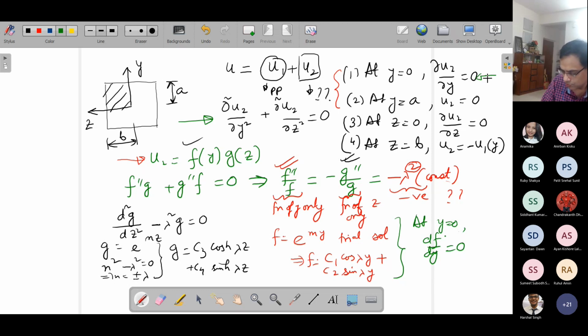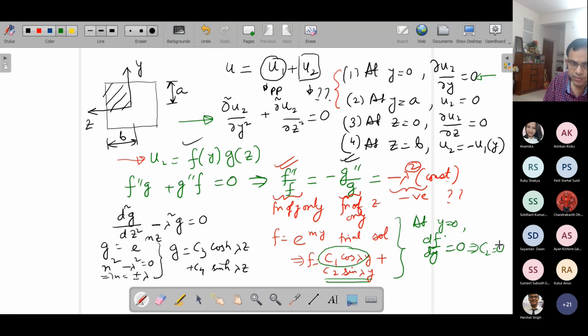So at y equal to 0, if you make df dy, cos will become sine and sine will become cos. Now the sine term at y equal to 0 will be anyway equal to 0. So this will become the sine term and this will become 0. And this will become the cos term. So at y equal to 0, cos 0 is 1. So that means you have 0 is equal to C2 into 1. That means C2 equal to 0.